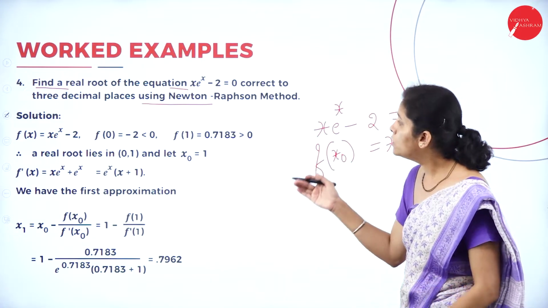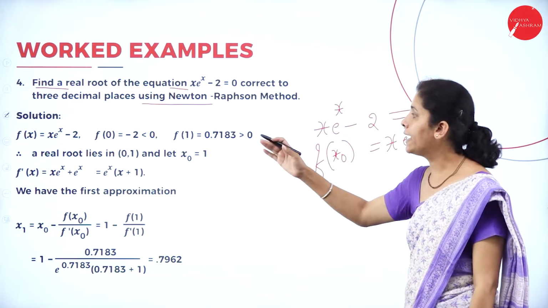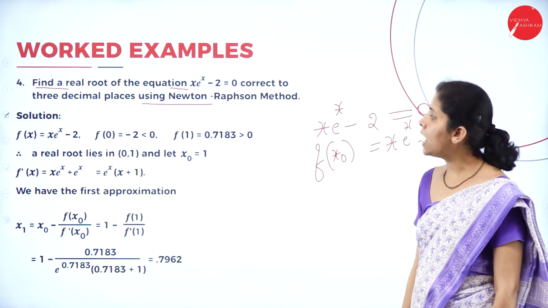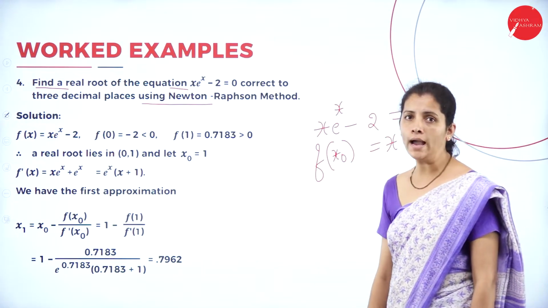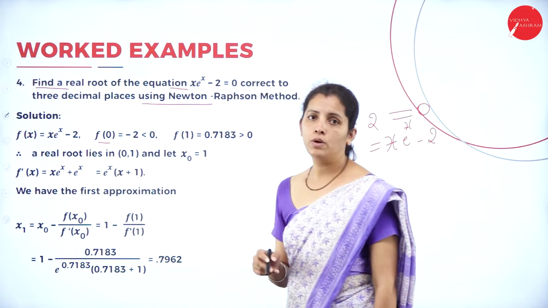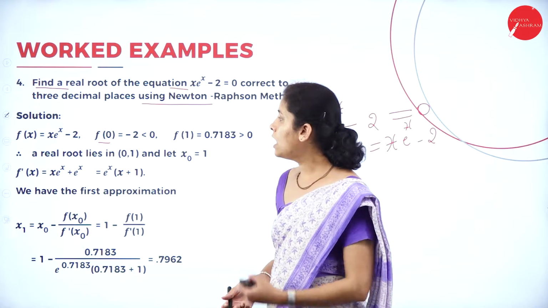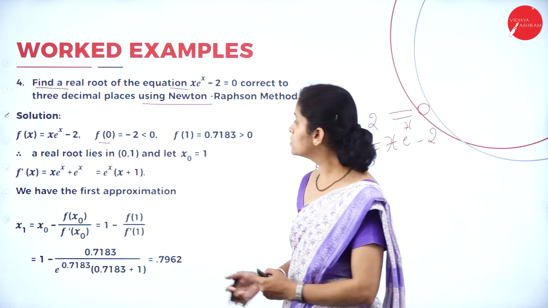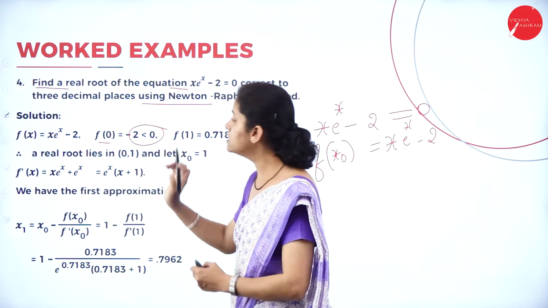Now, in order to get x0 value, I'm going to start substituting x value. When x equal to 0, I got the answer minus 2, which is a negative number, so less than 0.